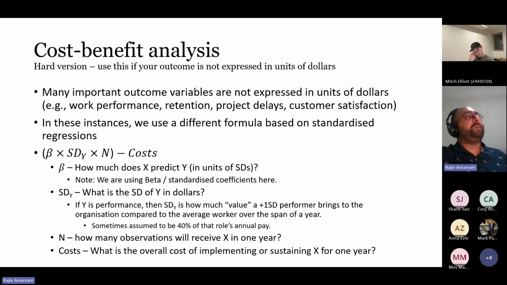But basically, this is you starting to think about, okay, this is my outcome. What is this worth? What is the impact of this? An above average delay, an above average level of retention or loss. What is that worth? How many observations will be affected, and then the costs.